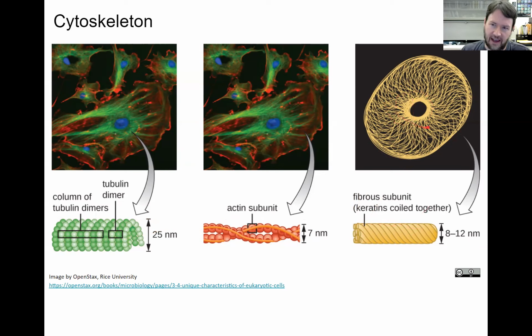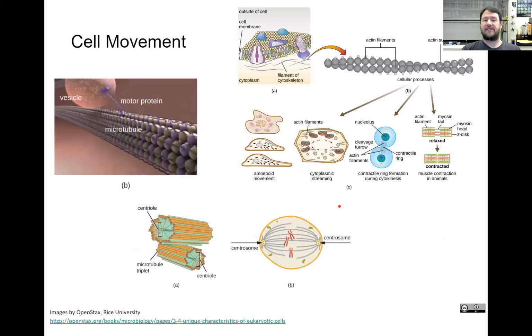And there's a lot of this inside the nucleus. There's a lot of these intermediate filaments, and they provide a somewhat flexible, but also somewhat permanent arrangement for the cytoskeleton.